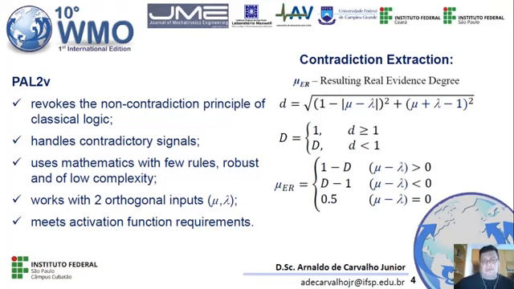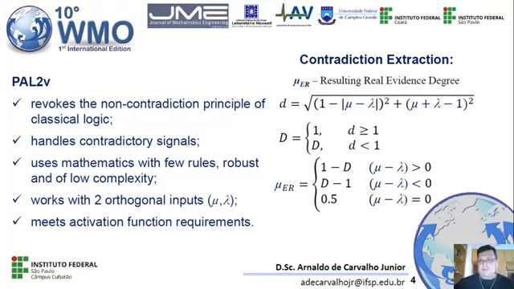And then you go to a second doctor and he says there is a 70% chance that you don't have anything. So what do you do? This kind of situation is the one in which the PAL2V tries to offer an answer.